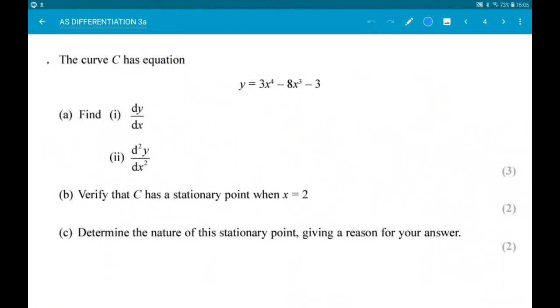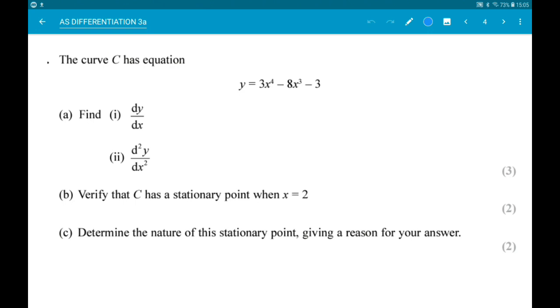Okay, number 3, pretty much an identical question except for the curve. So this time C is y equals 3x to the 4 minus 8x to the 3 minus 3. Part A, find the first and second derivatives.